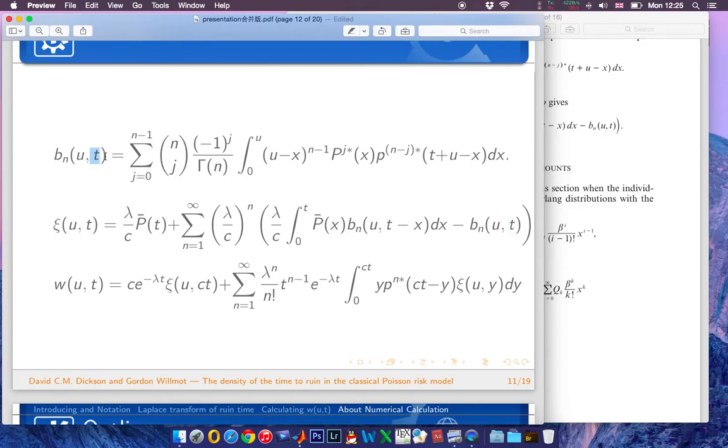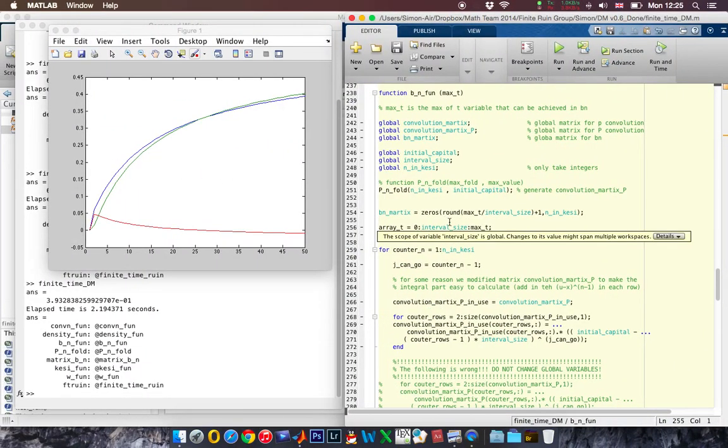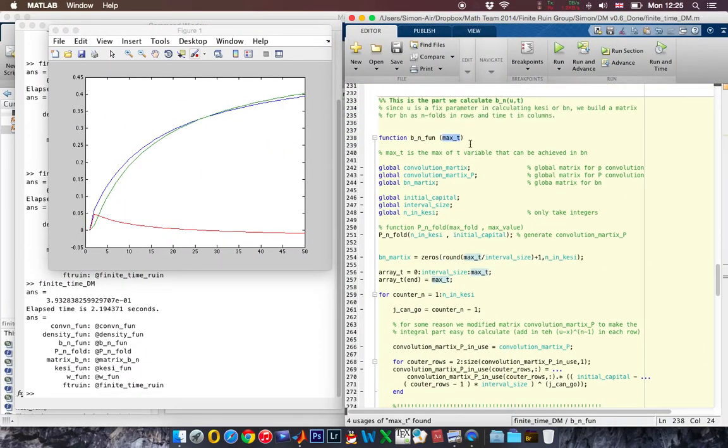So the largest matrix you need for the Bn part is from 0 to c times capital T, which I put as max T here. So the matrix we are building here has 0 to max T rows with the interval size, which is 0.01 here, and the columns starting from 1 to n in c.